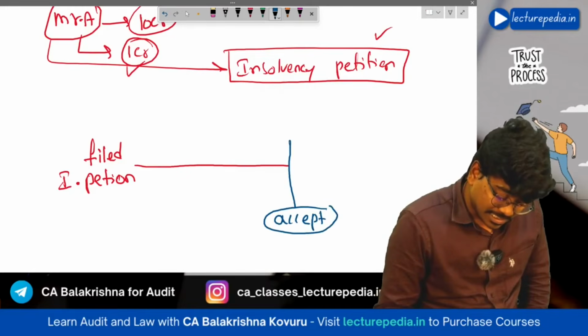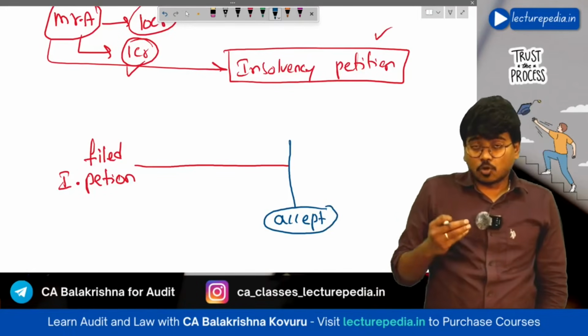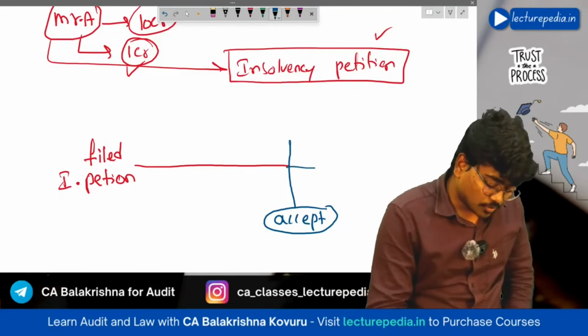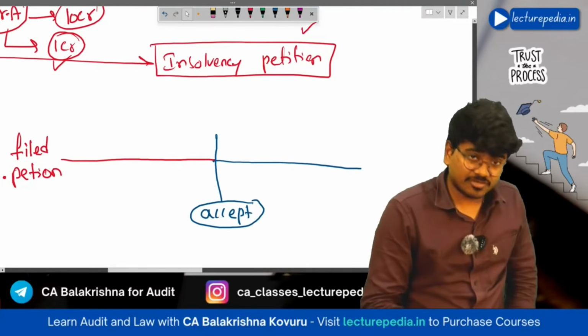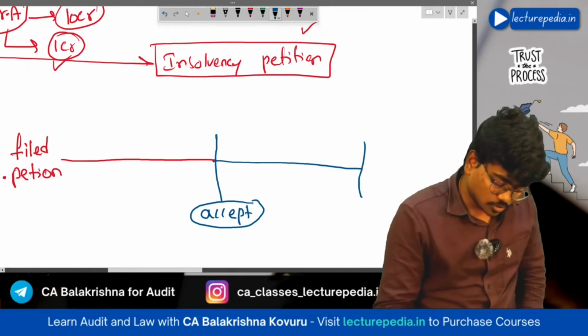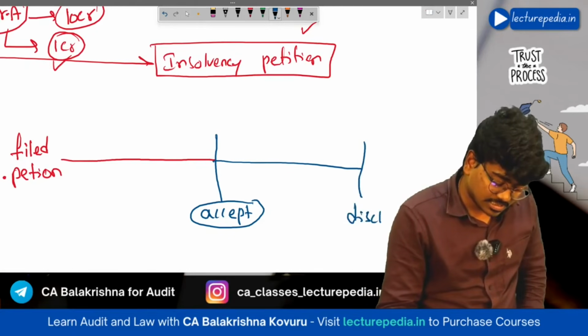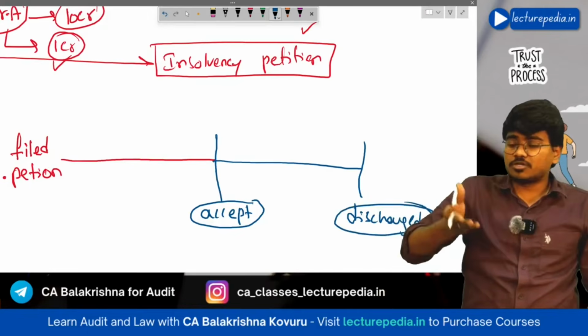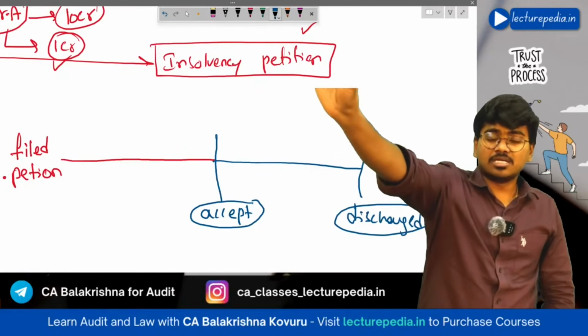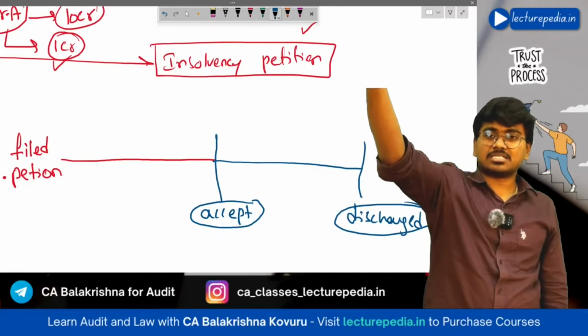After accepting it, the court will not immediately discharge him. It will take another 1 or 2 months to discharge him from all his liabilities. Let's say after 2 months it has discharged him. Basically, the court will give an order stating that this person has been declared as insolvent.